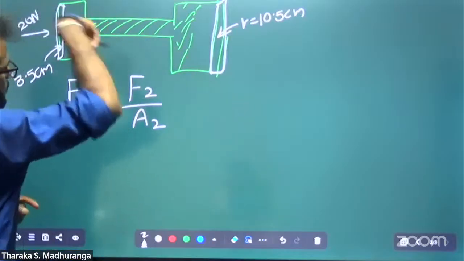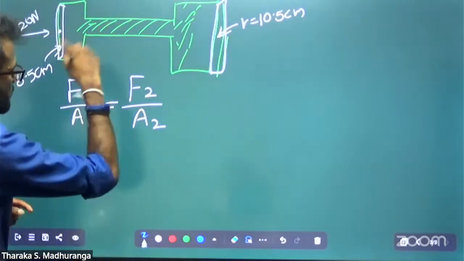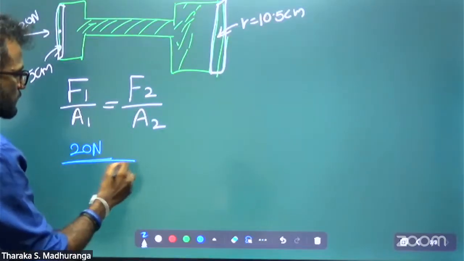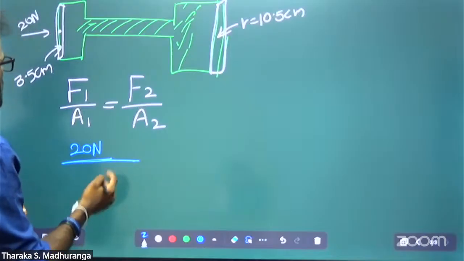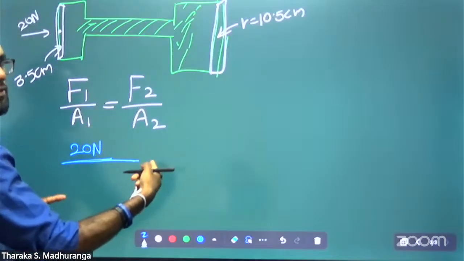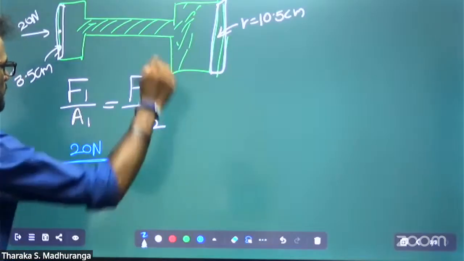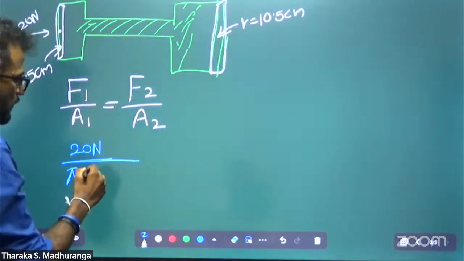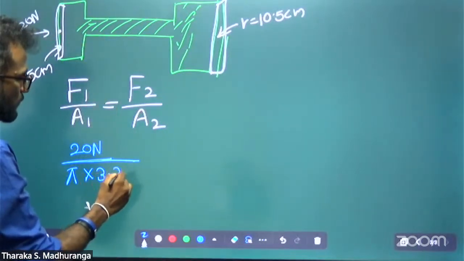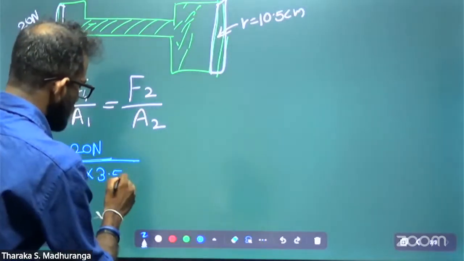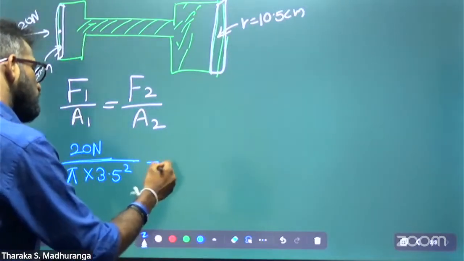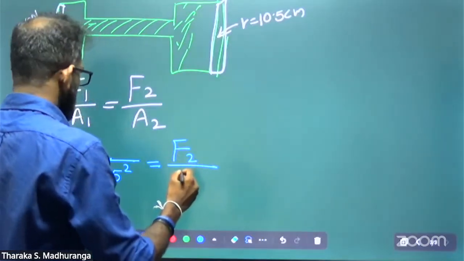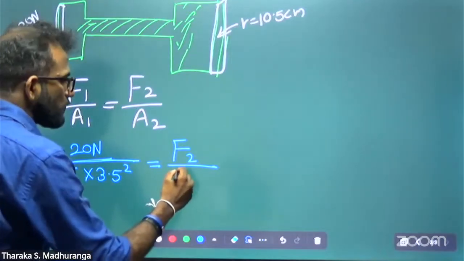Then F1 is 20 Newton over area. It is given in centimeters, no problem, both sides are centimeters, therefore they cancel out. The area is pi r squared, the cross section. So pi times 3.5 squared equals F2, which we don't know, over pi times 10.5 squared.